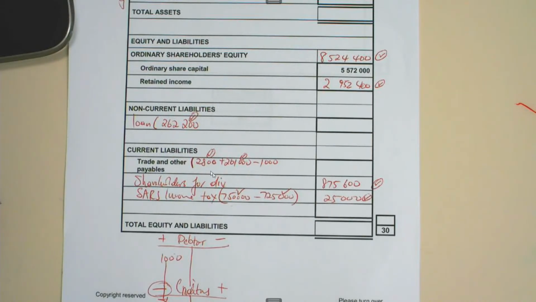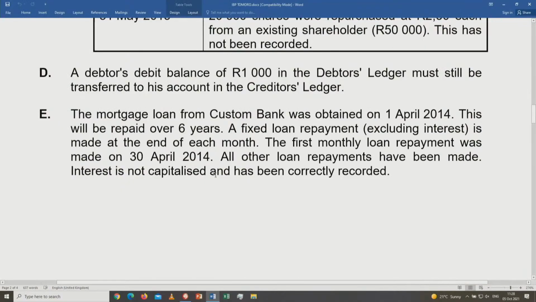Now we go to E. The mortgage loan from Custom Bank was obtained on 1 April 2014. This will be repaid over 6 years. A fixed loan repayment, excluding interest, is made at the end of each month.